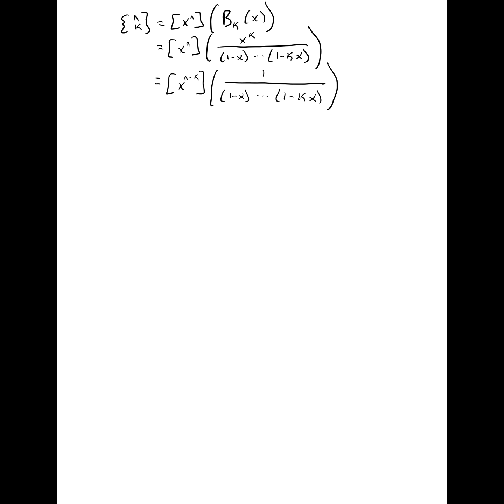And the reason we would want to do this is because we actually know what this looks like. We know that this is going to be the coefficient on the n minus k term of our sum, which is alpha j all over 1 minus jx.